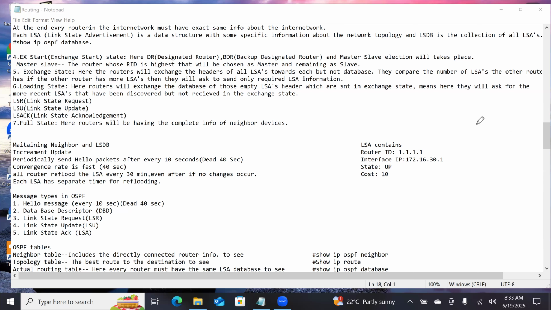Remember? So here also we have cost. Understood? Okay. So what is this LSDB? It is a collection of all LSAs. LSDB means what? It is a collection of what? All LSAs that we have in the whole topology.